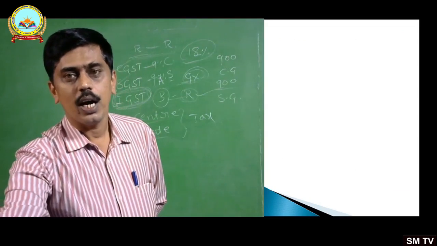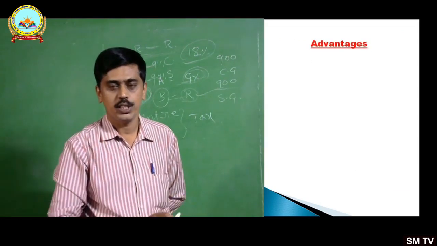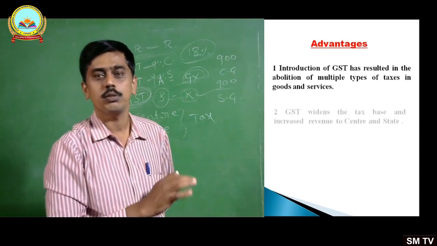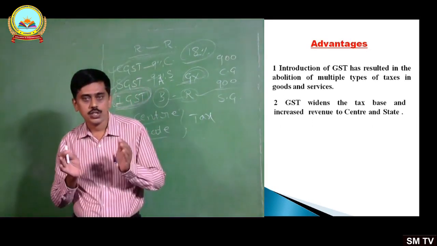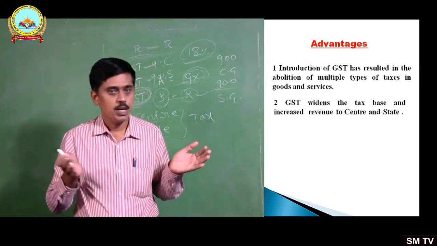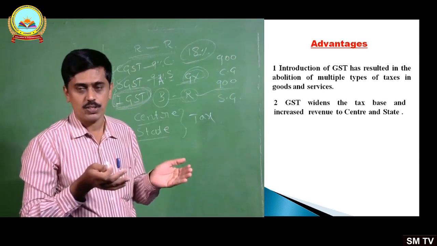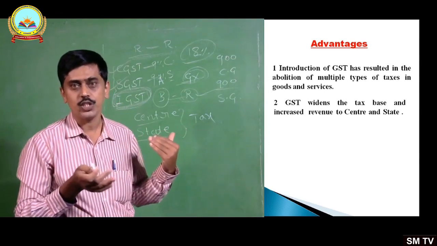And next one is advantages of GST. There are many points in the books. I have taken only 2-3 points. One is, introduction of GST has resulted in abolition of multiple types of taxes on goods and services. That we have already seen today, isn't it?